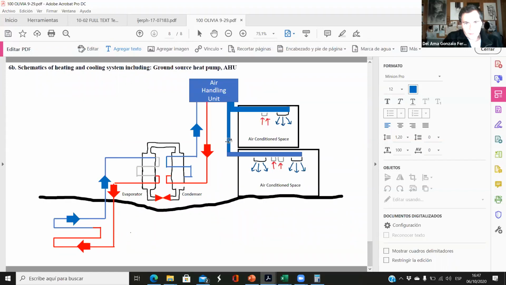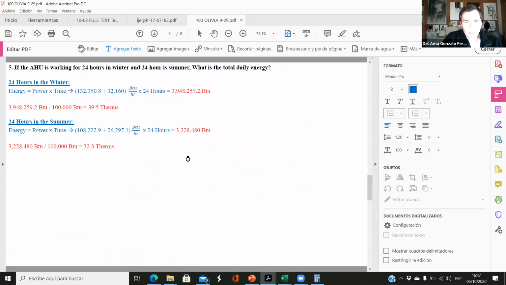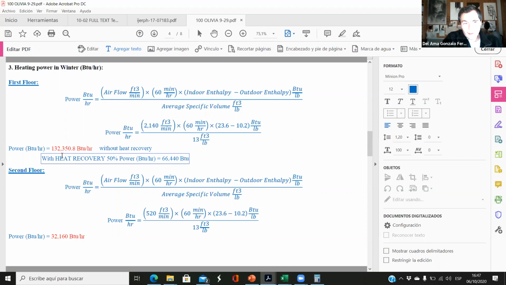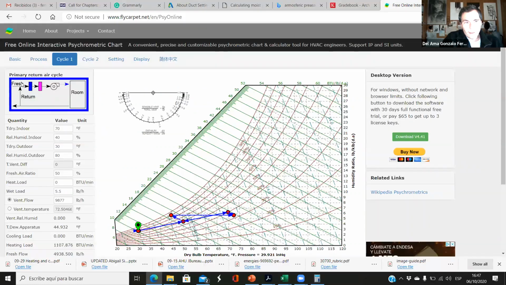Olivia, you are good so far. You have done everything. Calculations are correct, but you have to include now this calculation using the heat recovery. Using this option of cycle 2 with this psychrometric chart, you have to use this option.